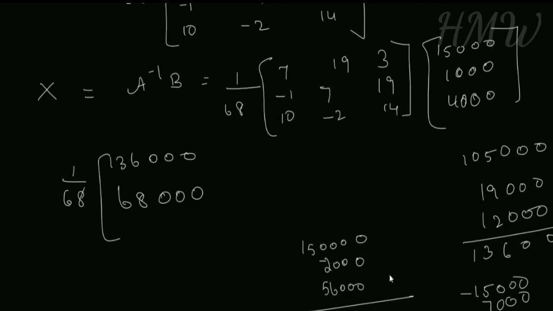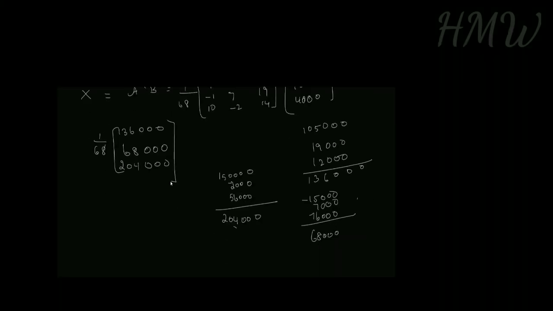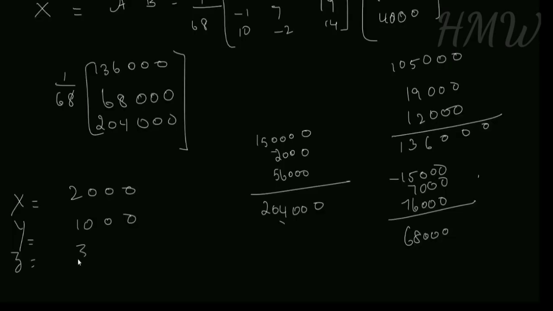So when you add all this, you get 204,000. Now divide by 68. So x is equal to 68 goes 2 times, so 2,000. Y is 1,000. Z is, so x is 2,000 rupees, y is 1,000 rupees, and Z is 3,000 rupees.